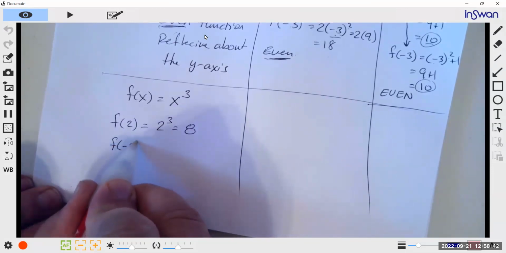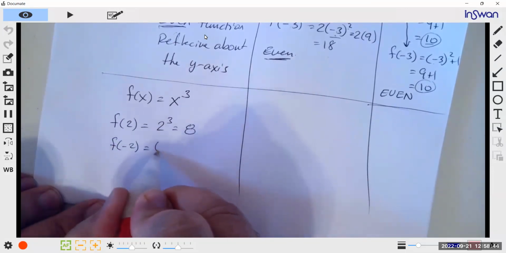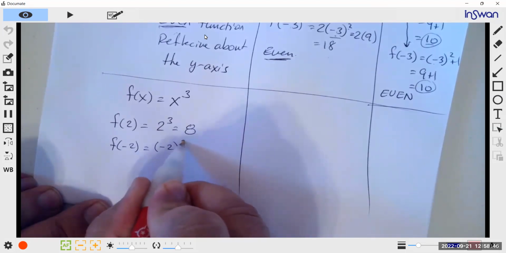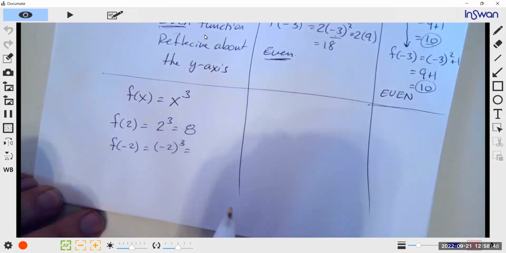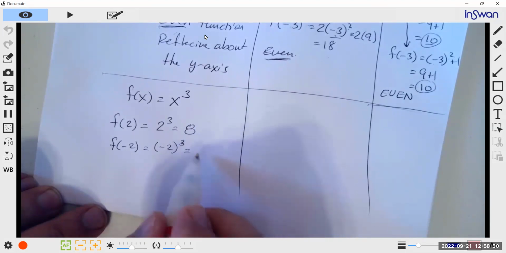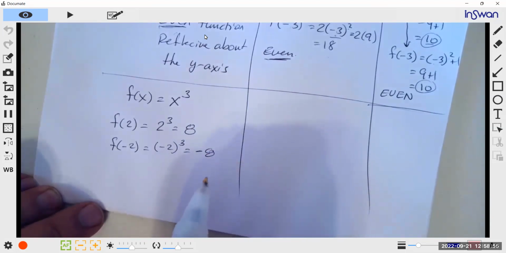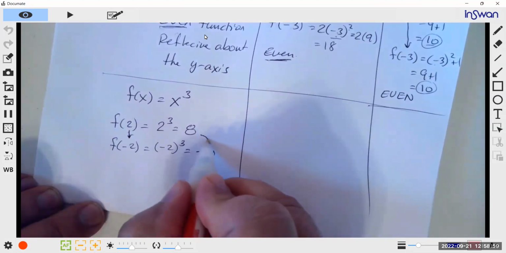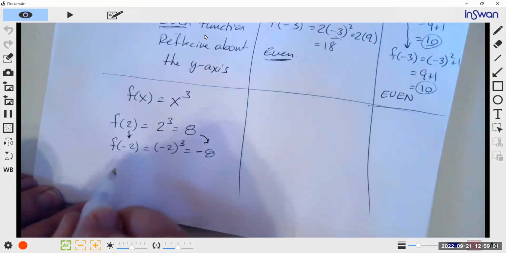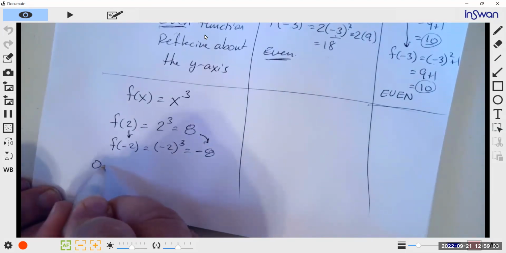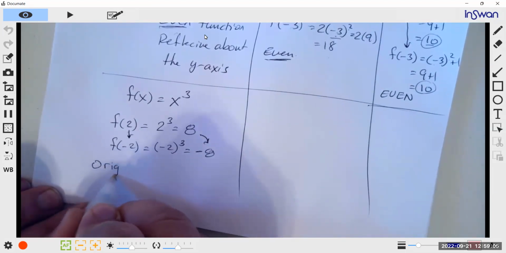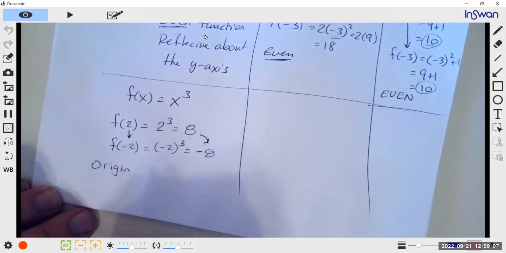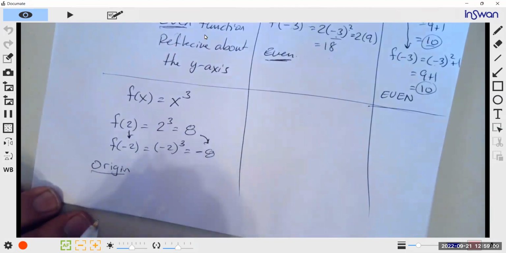If I put a negative 2 in there, negative, negative, negative makes it a negative. 2 times 2 times 2 is negative 8. So x changes from positive to negative. Y changes from positive to negative. So it's across the origin. It's symmetric about the origin.